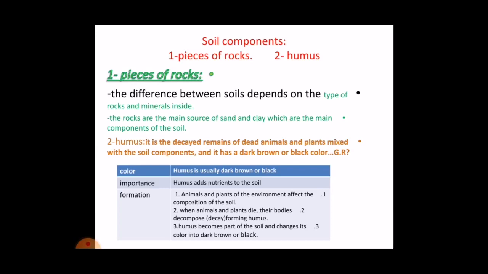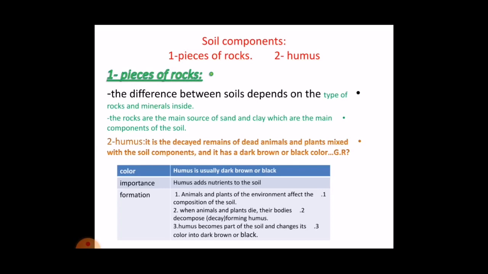How is humus formed? Animals and plants of the environment affect the composition of the soil. How? When animals and plants die, their bodies decompose or decay, forming humus. Humus becomes part of the soil and changes its color into dark brown or black.